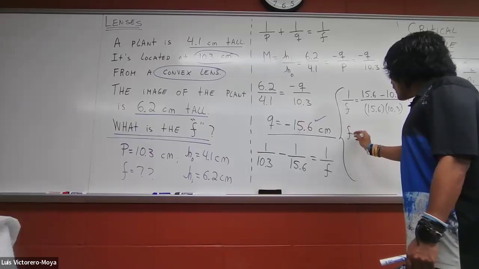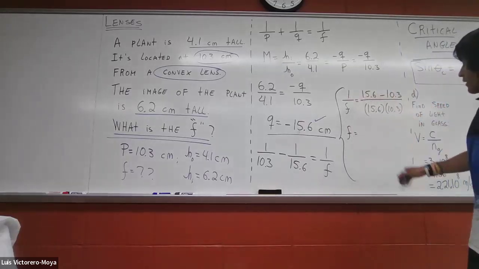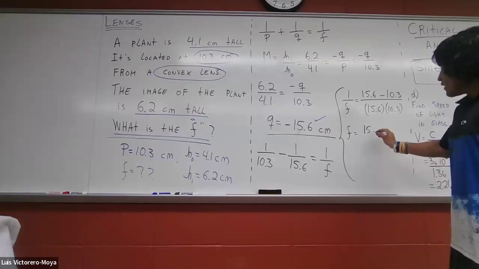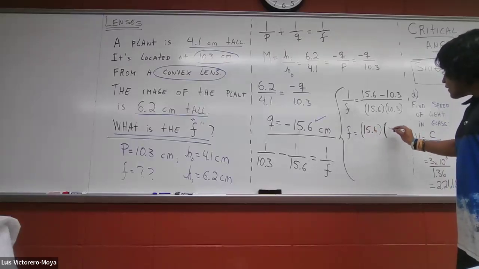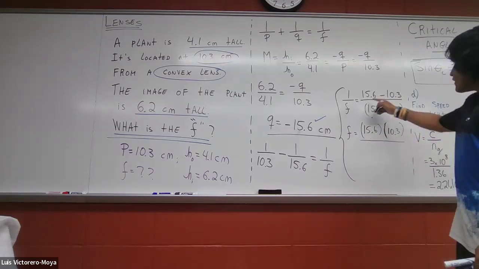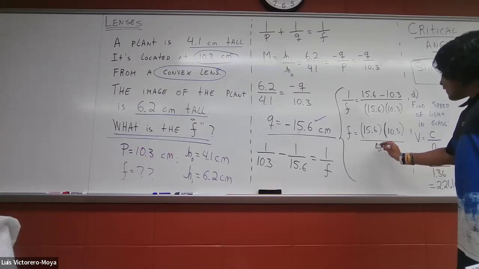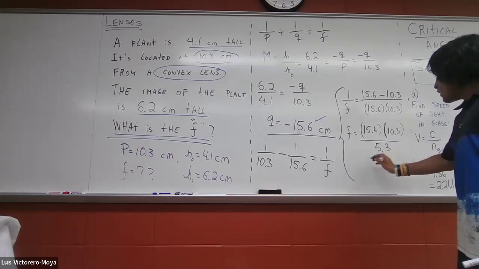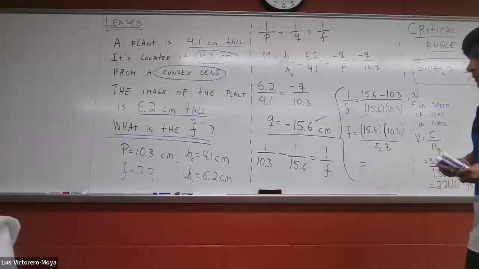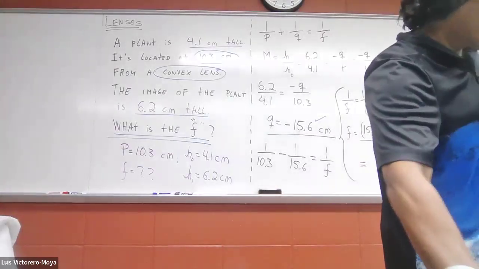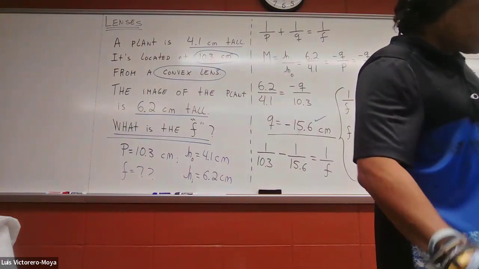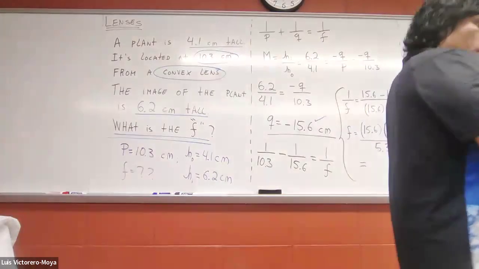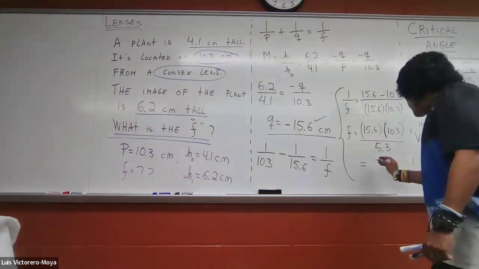So the focal length, when you flip it, is 15.6 times 10.3 divided by the subtraction, which is 5.3. So let's see what we get. 30.3 centimeters.